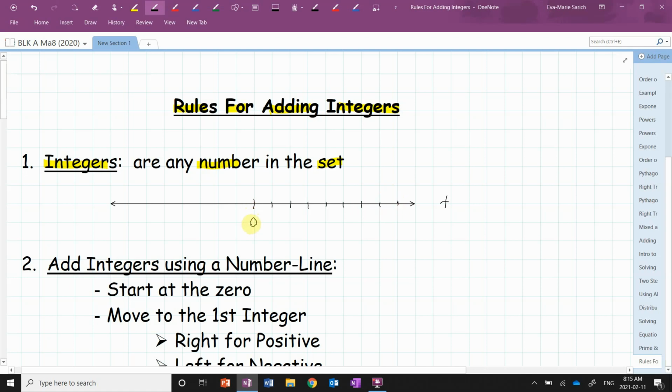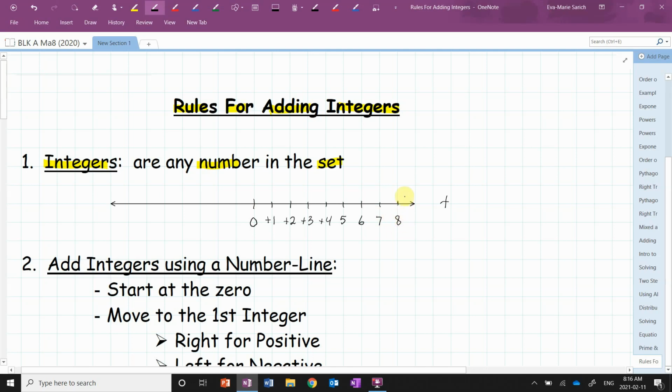So if we go to the right from 0, we hit the first tick, which is +1, then +2, then +3, then +4. Now you don't have to put the positive sign in front of those positives, so you could just write 5 and 6 and 7 and 8, etc.